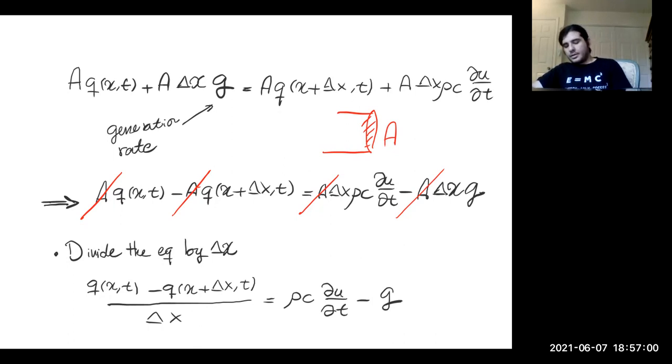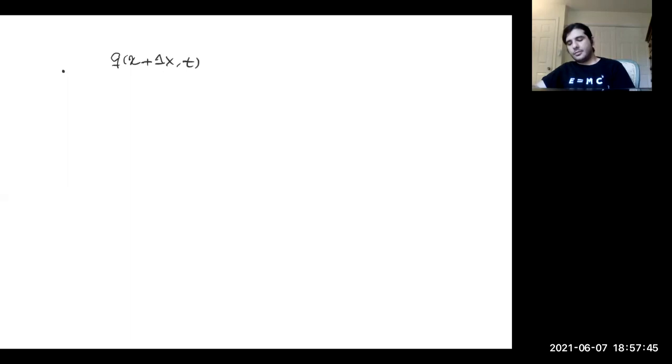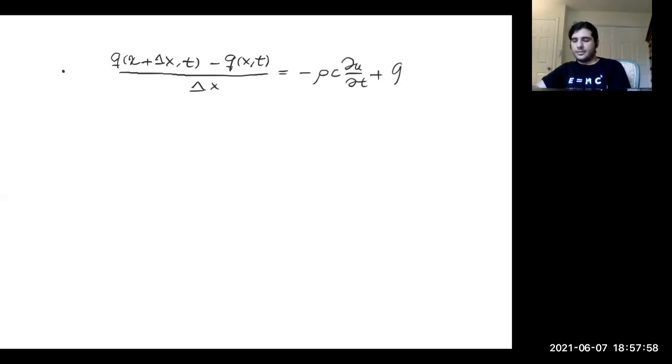Now, I prefer to multiply everything by -1, since if I do that, I would get q of x plus delta x and t minus q of x and t, divided by delta x, is equal to minus rho c delta u over delta t plus g.